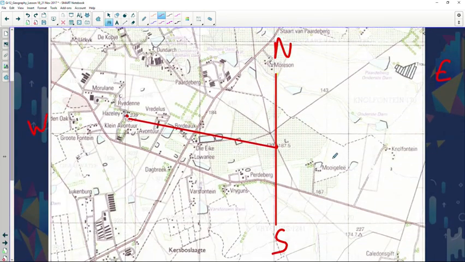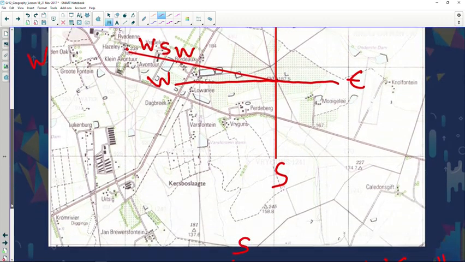Now if you look at the direction over there, if you divide that up over there, there's east and there's west. Now what do you think is the direction from Trig Beacon 430 to Trig Beacon 239? That will be definitely west, south-west. Let's just do another one quickly.